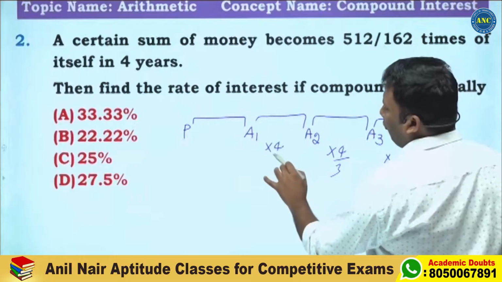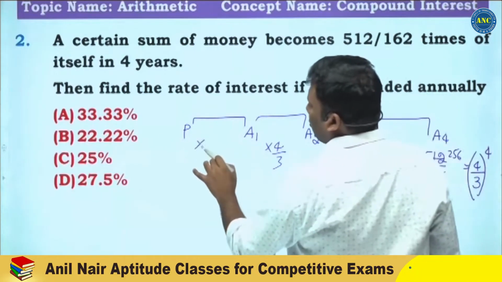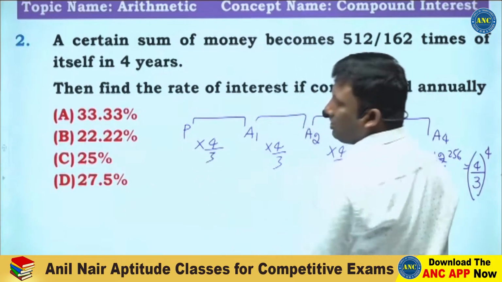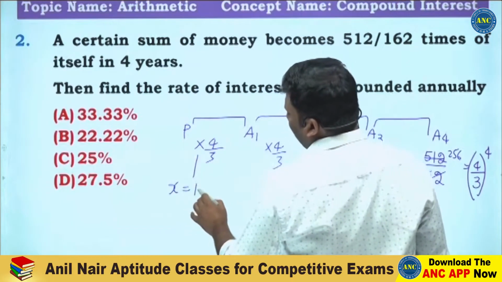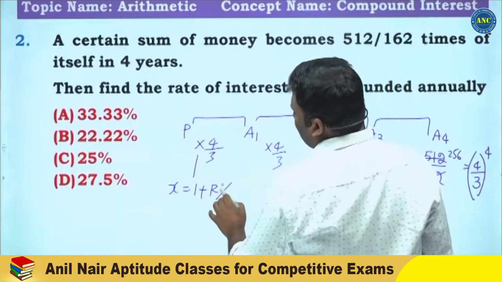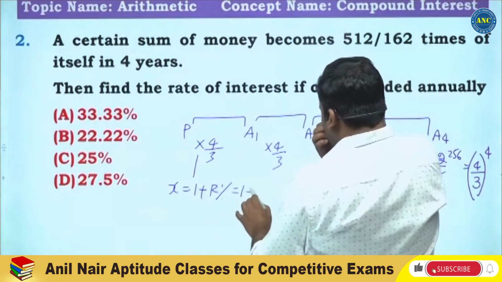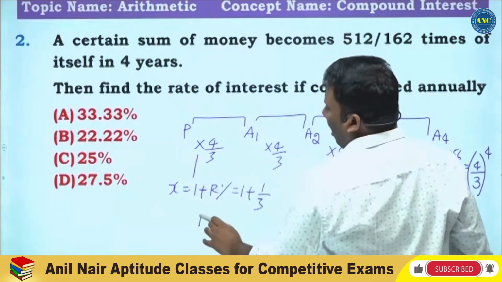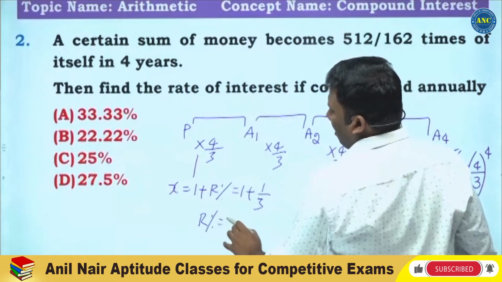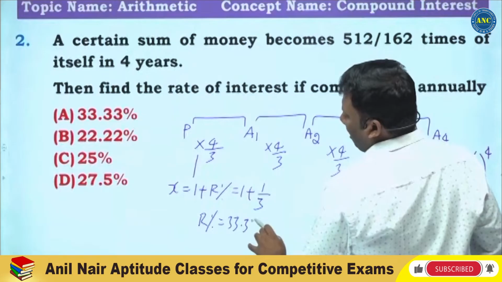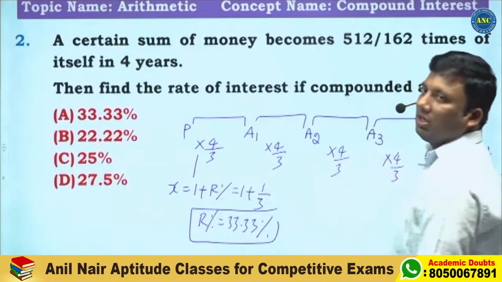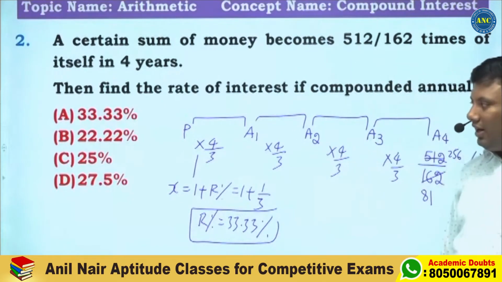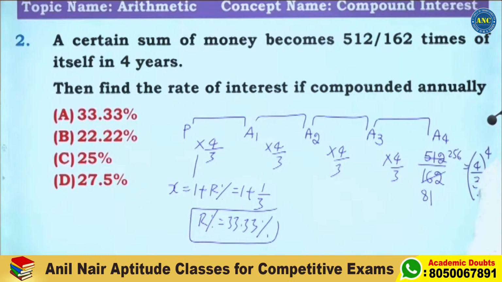The multiplication factor is given by 1 plus R percentage. It is 1 plus 1 by 3, so R percentage is 1 by 3. So R will be 33.33 percent. Is the idea clear? Very, very easy to do.